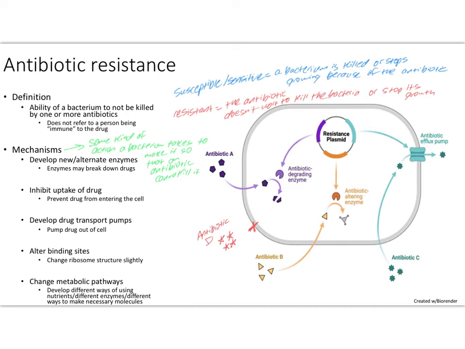And then the last one that they can do, and this is actually fairly easy for them, is just to alter their metabolic strategy or pathway slightly. This is especially common when we're talking about resistance to things like sulfa drugs, which we talked about earlier, which are the metabolic pathway inhibitors. And oftentimes, bacteria have multiple ways of arriving at the same result.